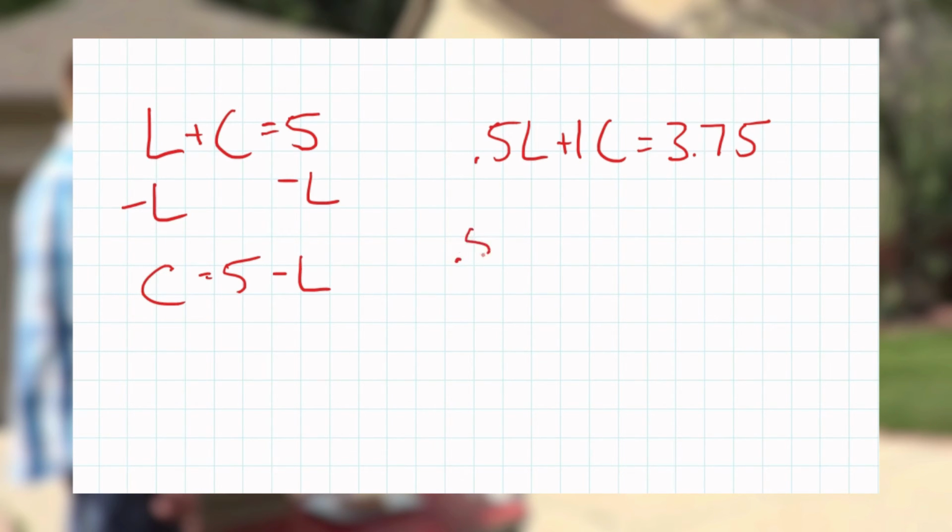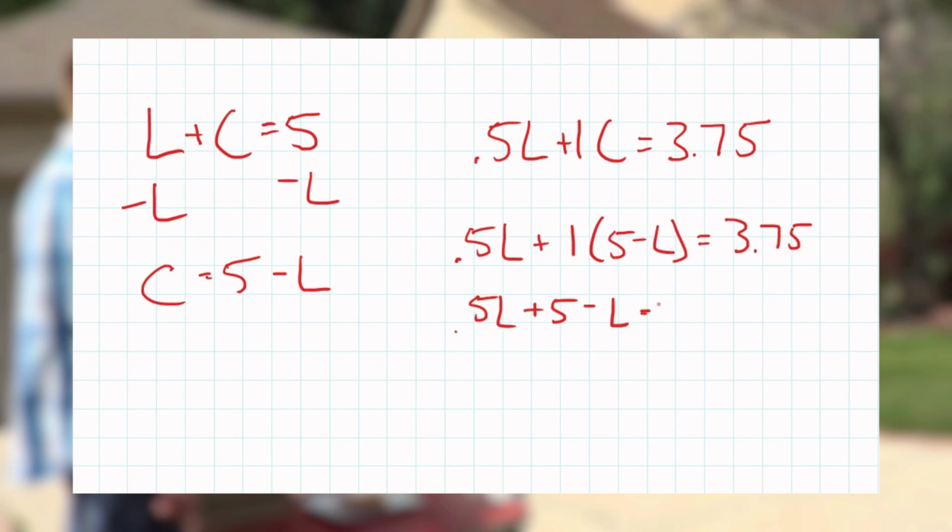This gives us 0.5L plus 1 times the quantity 5 minus L equals 3.75. Distributing the 1 to the quantity 5 minus L, we have 0.5L plus 5 minus L equals 3.75. Adding like terms gives us 5 minus 0.5L equals 3.75.